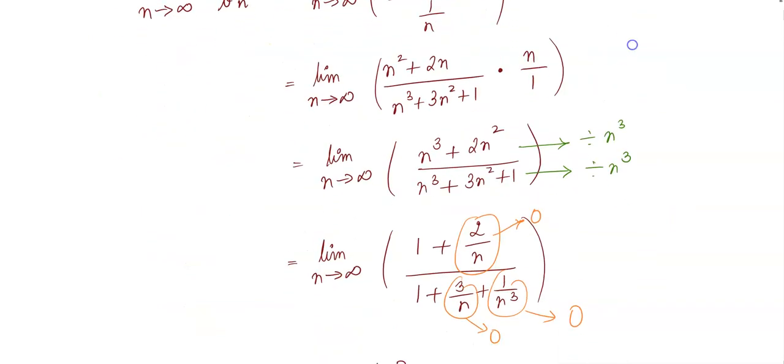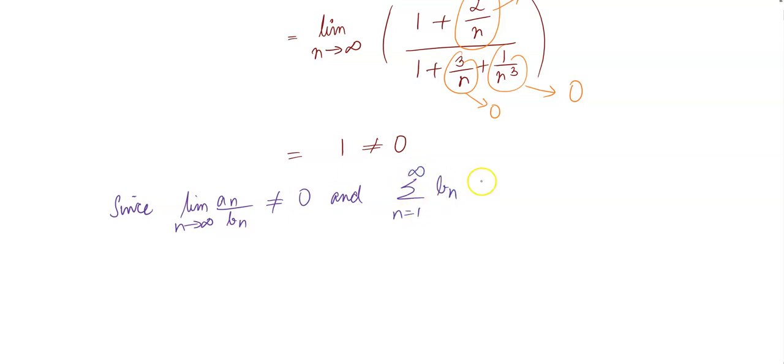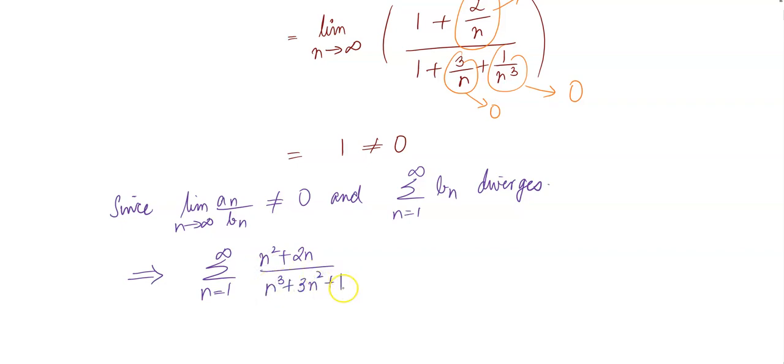So we come down here and say, since limit An over Bn is not equal to 0 and summation Bn diverges, this implies the given series also diverges.